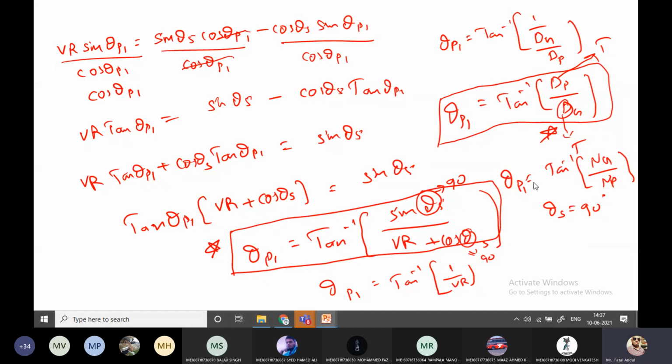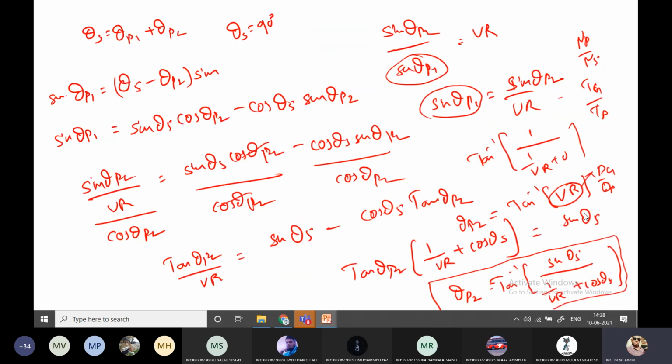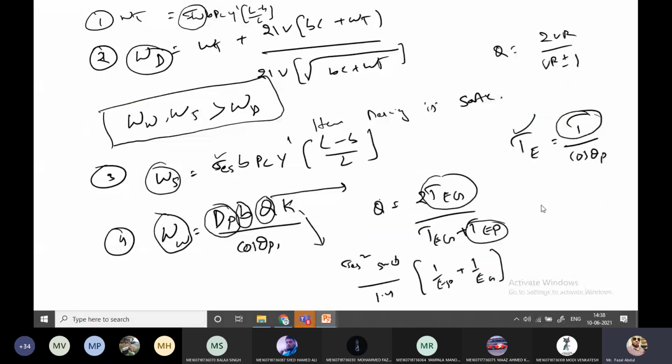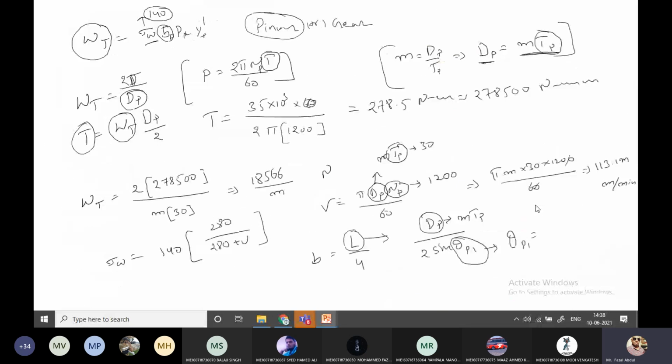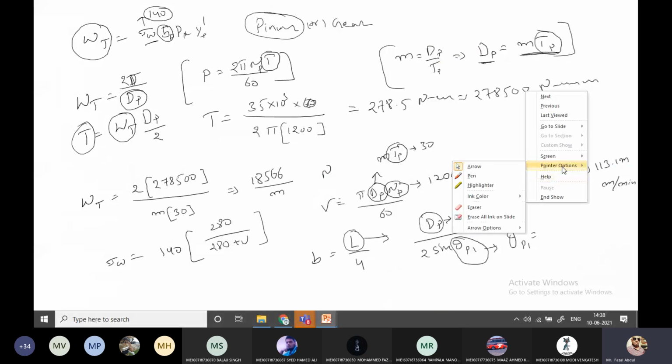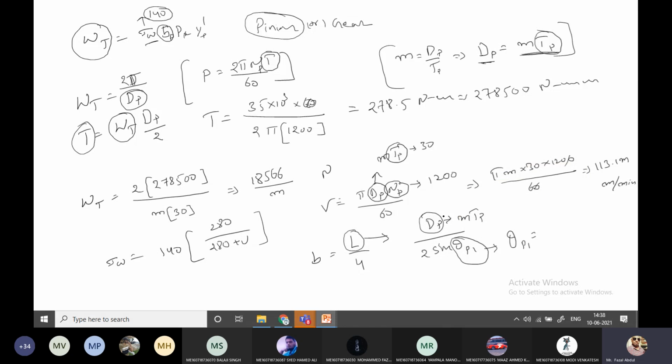Here is another relation. If theta s is 90 degrees, the relations are tan inverse of dp by dg, tan inverse of Ng by Np. So these relations I am taking here. Theta p1 is equal to tan inverse of 1 by Vr. What is Vr?